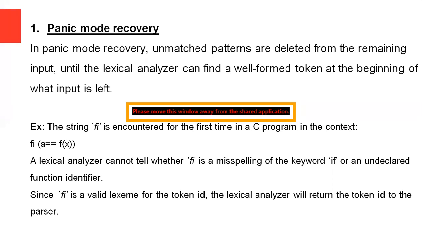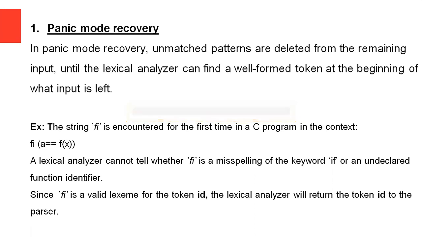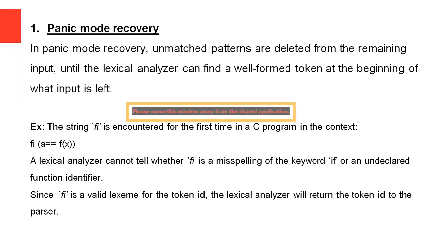In a programming language, there are identifiers and keywords. That type of unmatched patterns are deleted from the remaining input. We delete the ones that have errors, and the remaining input we generate as a stream of tokens.